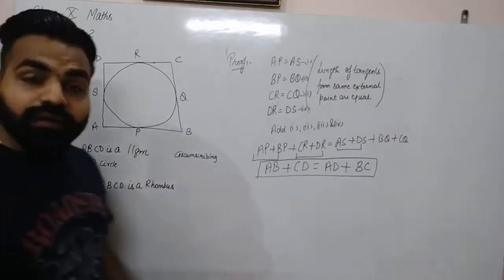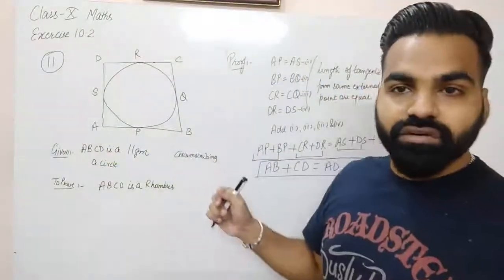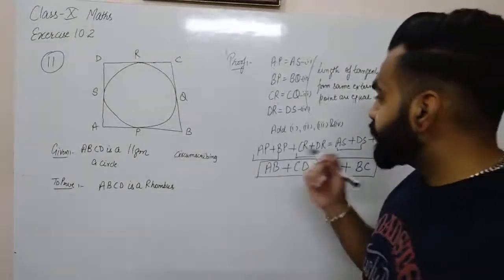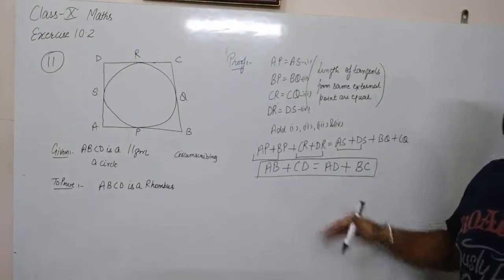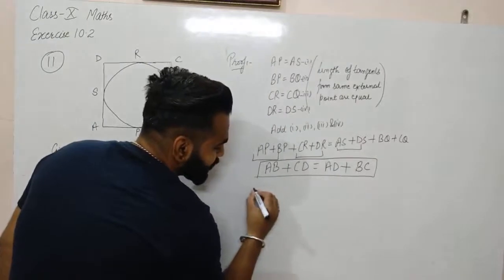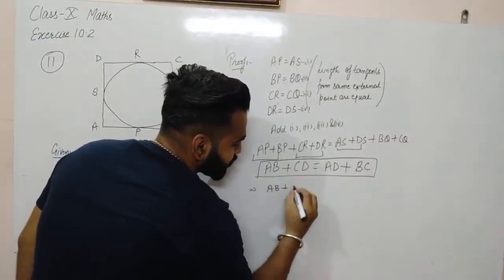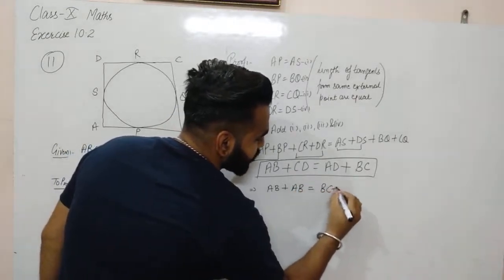So in a parallelogram opposite sides are equal, but in a rhombus adjacent sides are also equal. Then that parallelogram becomes a rhombus. So now till this part we have to do. After this we have to add two steps here. Now we can replace AB, CD by AB, and AD by BC.